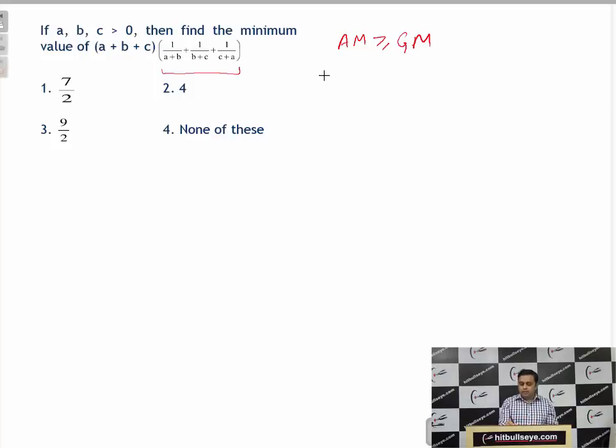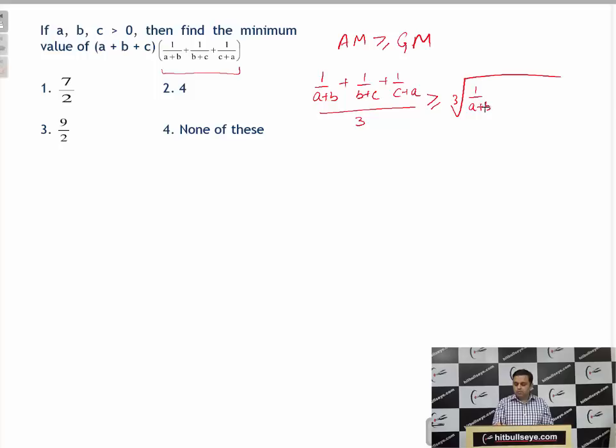What we will get is 1 over a plus b plus 1 over b plus c plus 1 over c plus a. This is the sum of the terms, divided by 3, which is their arithmetic mean, greater than or equal to cube root of 1 over a plus b into 1 over b plus c into 1 over c plus a.